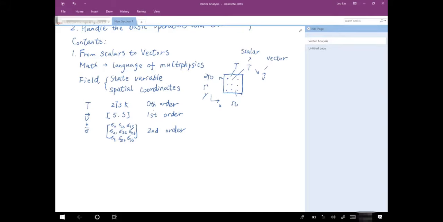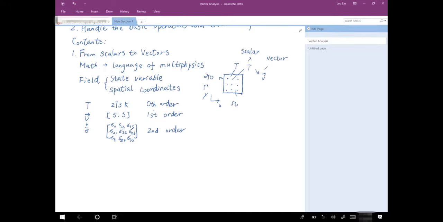But for v, velocity, actually v does not change either. The vector does not change. However, the projections of the vector onto x, y, z will change. It's just like you have an object there, and if you look at it from different angles, it will appear different to you because you choose a different angle to look at that object.